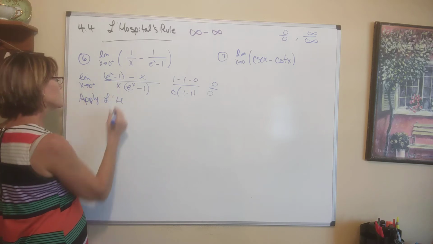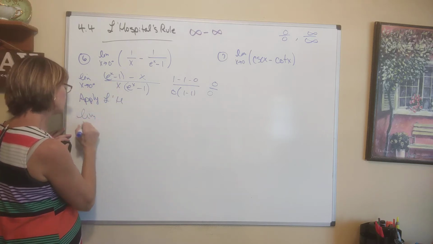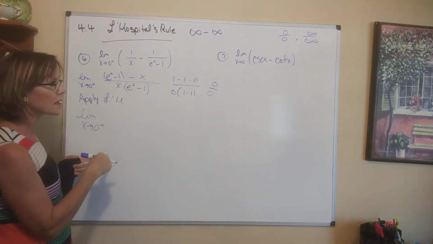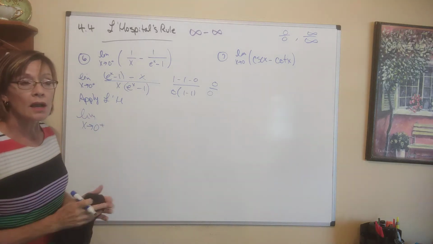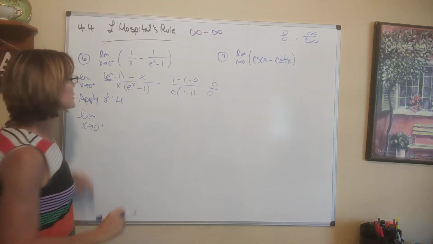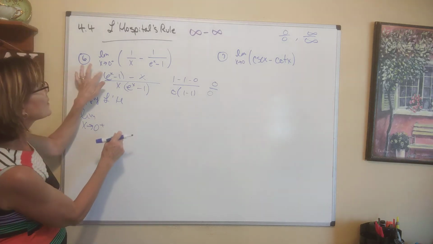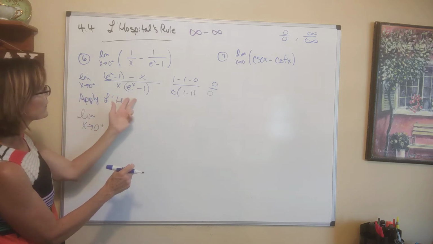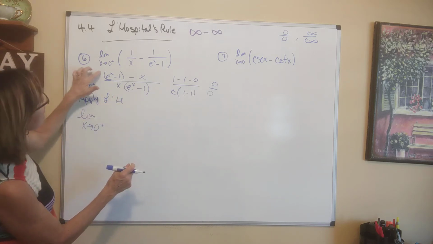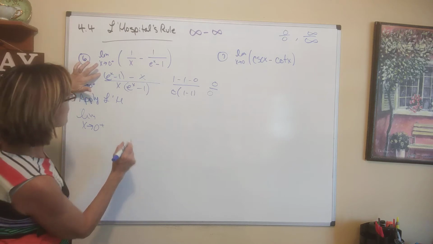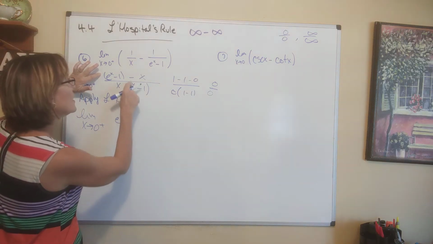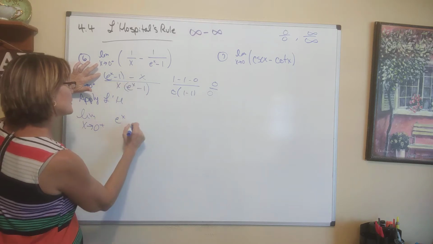L'Hopital's rule. And once we do that, this is the limit as x approaches 0 from the right. So it's a one-sided limit, but we already discussed it's okay. L'Hopital's works for one-sided limits too. The derivative of this numerator over the derivative of the denominator. So the derivative of e to the x minus 1 is e to the x plus a 0 plus the derivative of negative x, which is negative 1.